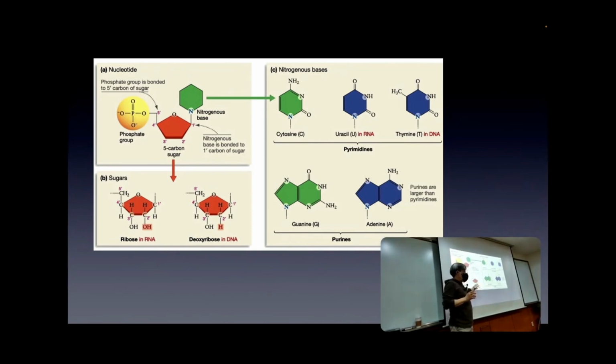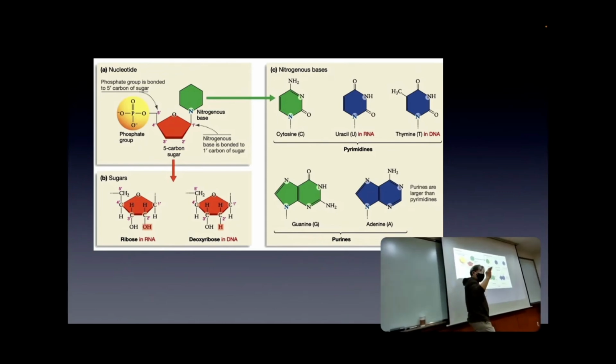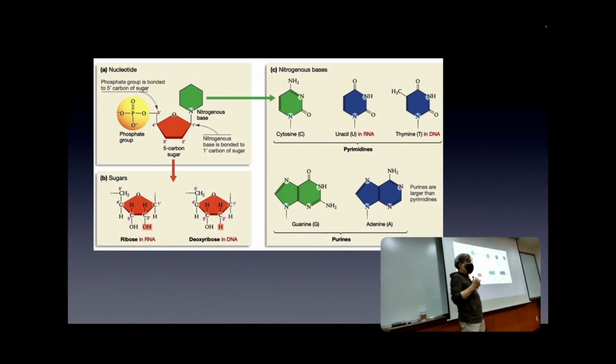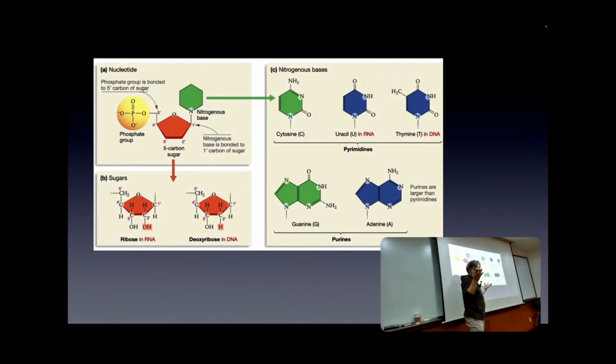But DNA is extremely stable, comparatively speaking. That is a tremendous advantage if we use either one of them as our storage of genetic material, and that's the reason why. But other than that, nothing else is very different.